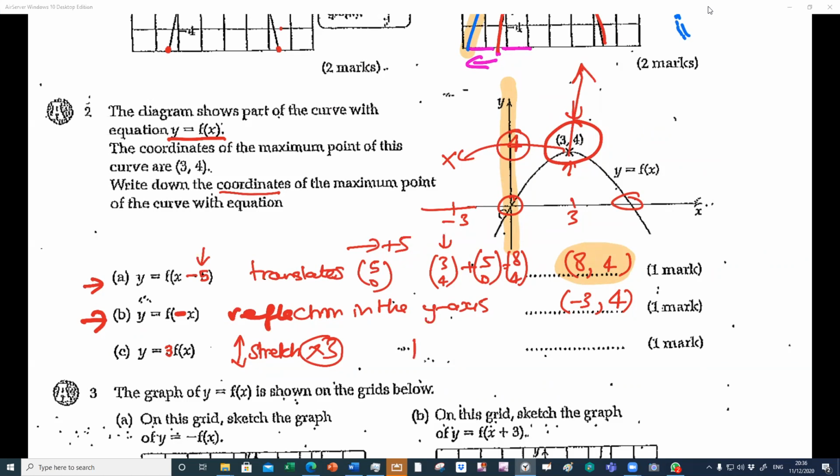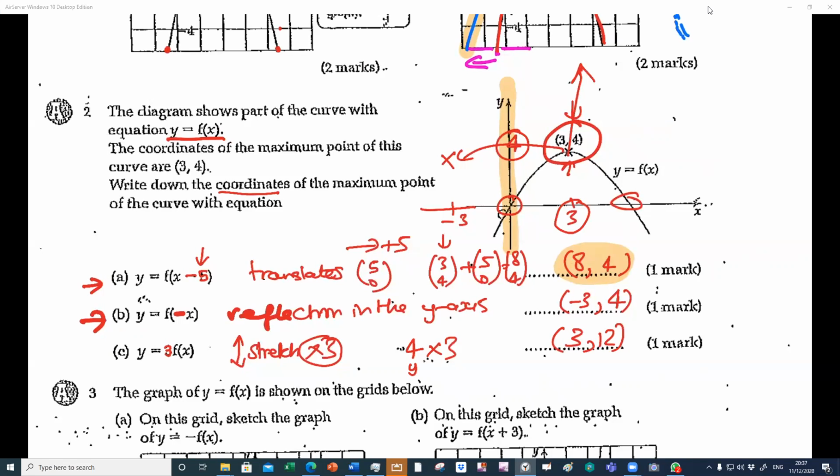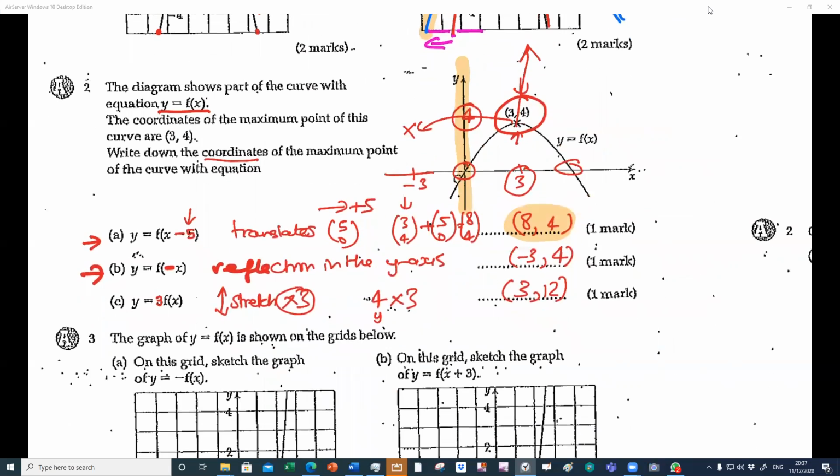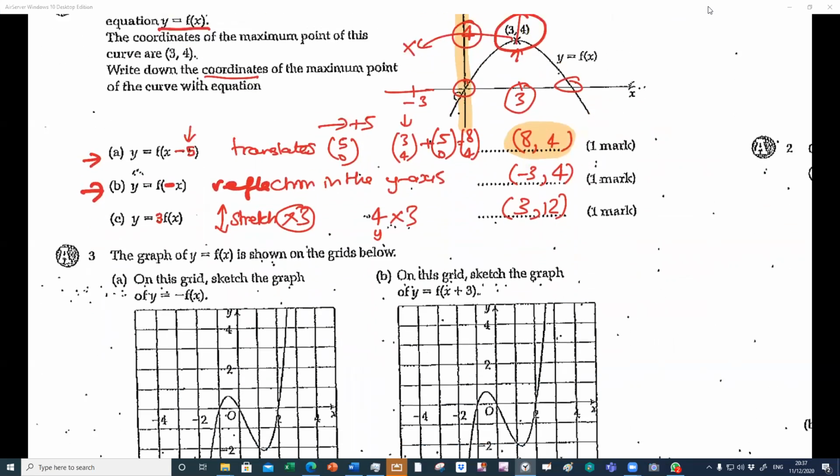And we're going to take it by a factor of 3. So the y value of 4 becomes 12. And what happens to the x value of 3? It stays the same. Fantastic, lovely. That is a grade A question. It's worth 3 marks, and mashallah, you've smashed it.